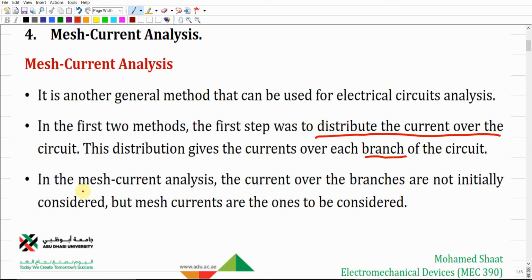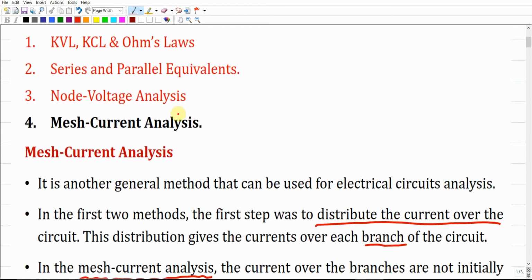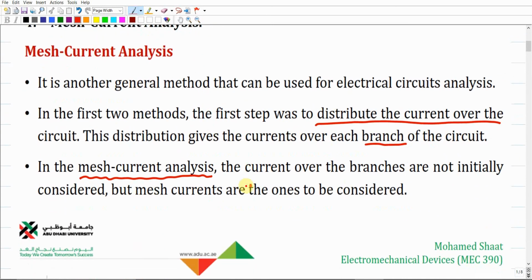But the mesh current method is a little bit different. We will not distribute the current through the electrical circuit. Also in the node voltage analysis method, we didn't distribute the current over the circuit. Instead of distributing the current over the branches, we are going to identify mesh currents, and that's why we have the name.